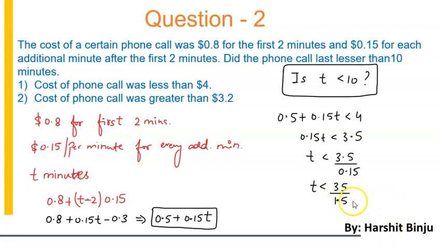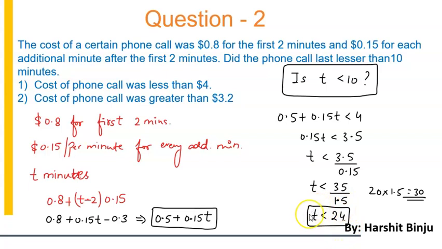Now I may not know the exact value, but I know that 20 into 1.5 is 30, so this will be greater than 20 for sure. It will be roughly around 23, 24. So let's say T is less than 23 or 24, whatever value you want to put.